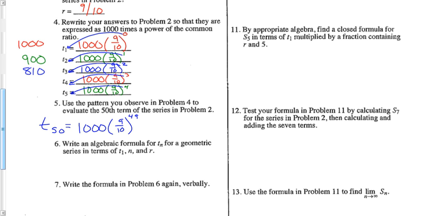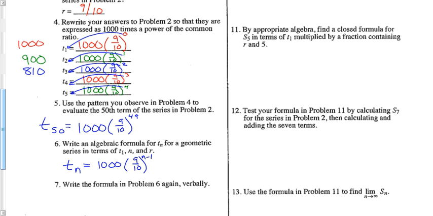In number 6, it says, okay, great, just give me the general formula for this now. So T sub n, you tell me which term number you want. It's going to be 1,000 times 9 over 10 raised to the n minus 1. Now, they also said we don't really want those numbers in there. This is for the one we just worked on.